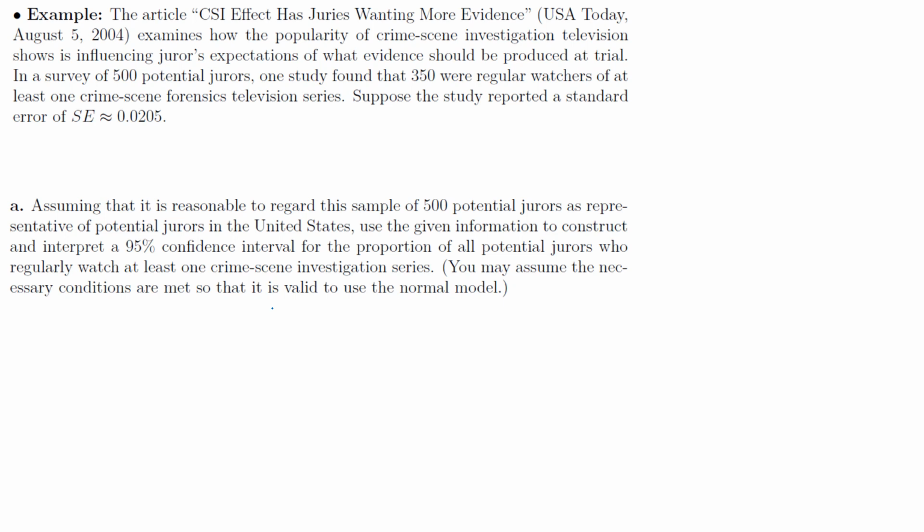All right, so remember our formula for confidence intervals is this. Your point estimate plus or minus z star times your standard error. So they gave us the standard error, right? Later on, we will figure out the standard error for ourselves, but not yet.